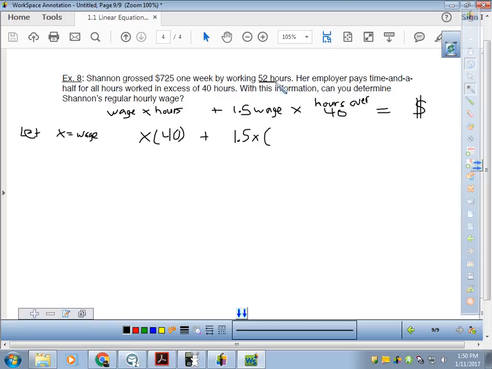Well, how much is 52 over 40, or in excess of 40? How much more is it? It's 12 more. So we have 1.5 X times 12. Equals, over here we have the money she made. It shows us how much she made. She made $725.